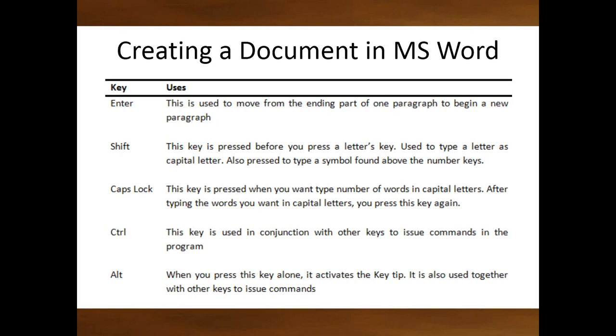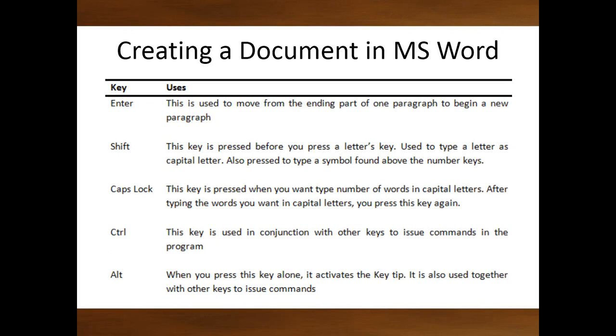The shift key. Usually when we want to type a single character in a word as capital and the rest of the characters of the word to remain as small letters, then we press the shift key and then press that character. So if I want to type Kofi, let me explain this, and then when we are done, we will go back to the practical session.